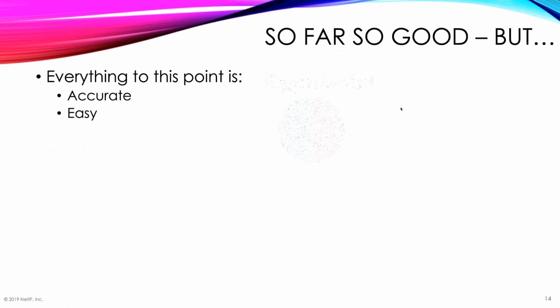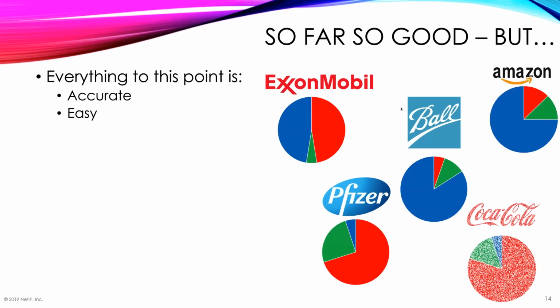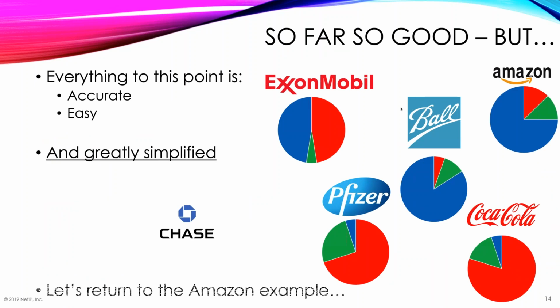So when we look at this, so far so good. When we bring in all of our different pie charts for all the different organizations, for some reason something didn't come in there, but everything so far is accurate and easy, okay? But it's also greatly simplified, and I'll admit that. So let's take another look here.